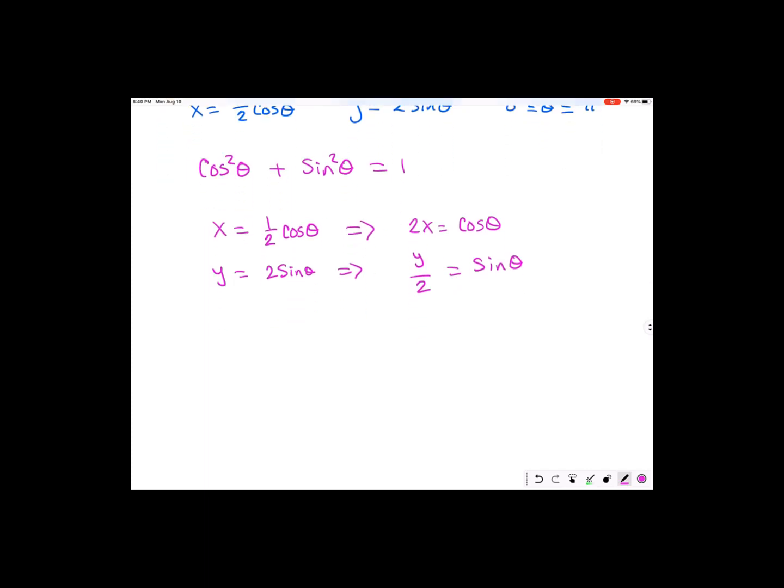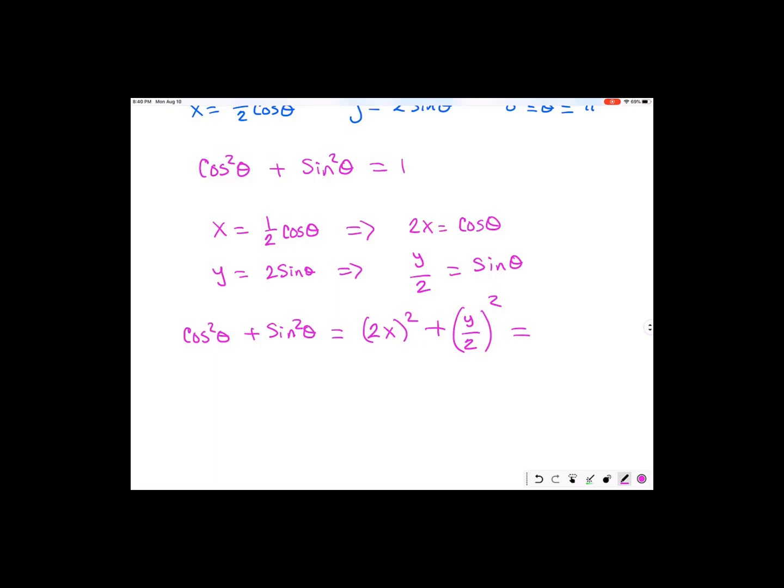So then, using Pythagoras' identity, I have cosine squared of theta plus sine squared of theta equals... Well, cosine of theta is the same as 2x. So 2x squared. And sine of theta is equal to y divided by 2. So y divided by 2 squared.